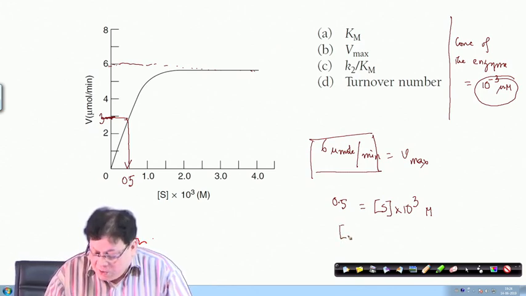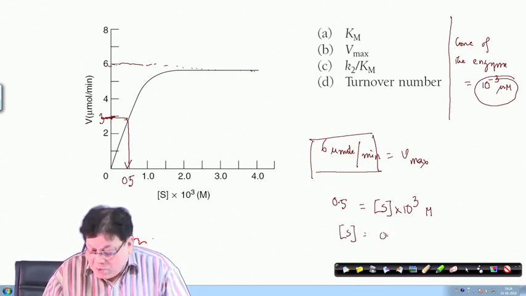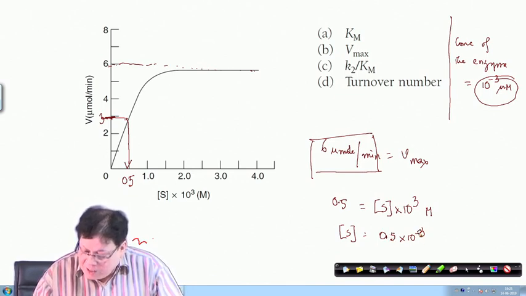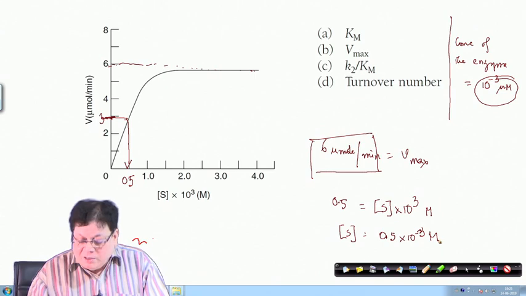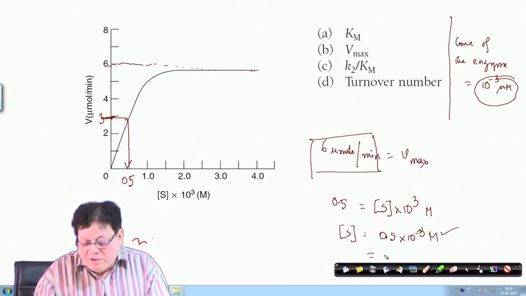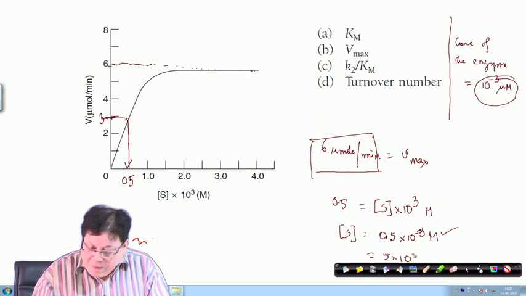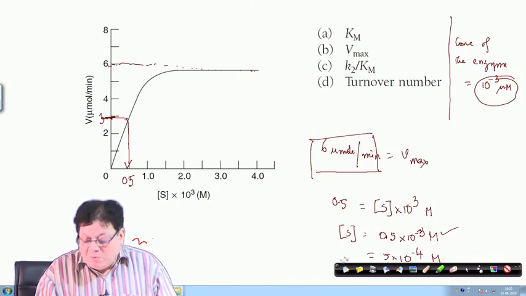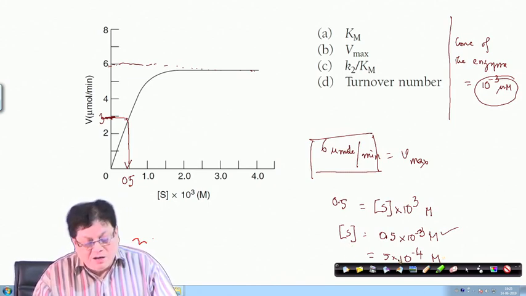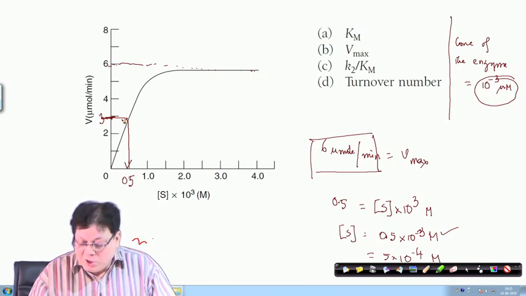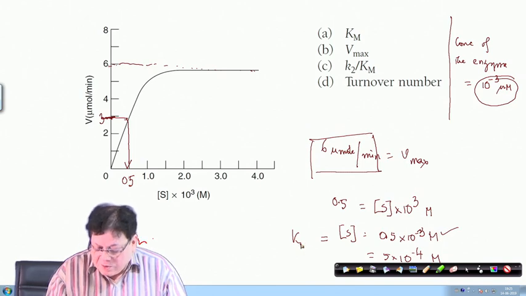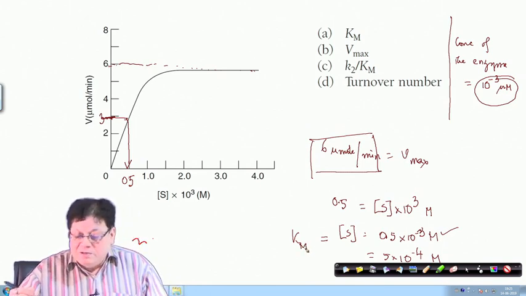So, S is now 0.5 into 10 to the power minus 3 moles. You can write it as 5 into 10 to the power minus 4 molar. So, this is basically the concentration needed to reach half of Vmax, and this value should be equal to Km. So, now we know what Km and Vmax are.